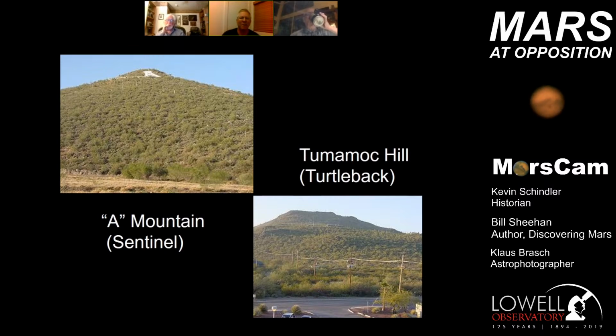We won't go into detail about all this, but I think a couple of interesting points are some of the places he went to. In Tucson, he went to a place that was then called Sentinel Hill and another called Turtleback. And we know these today as A Mountain. The big University of Arizona A is painted on the top. And then Tumamoc Hill is a great archaeological site.